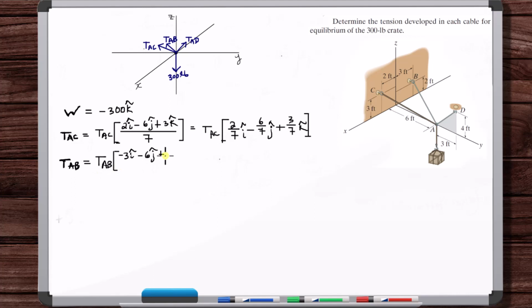Okay, plus 2K. All right, and the magnitude of this vector is 7 as well. We have a 2, a 6, and a 3 for both of these. So let's simplify this.